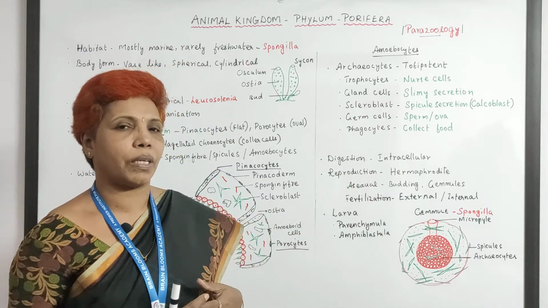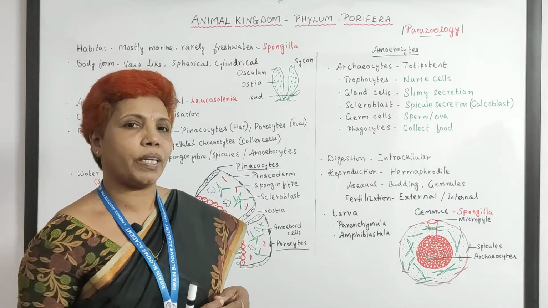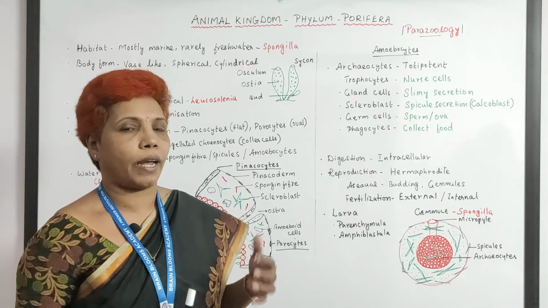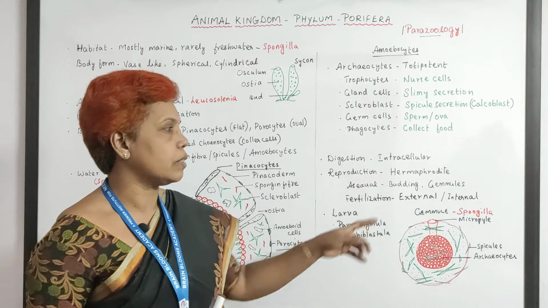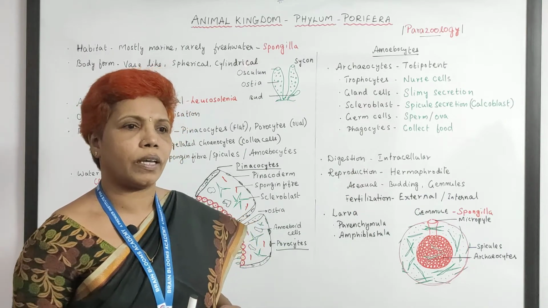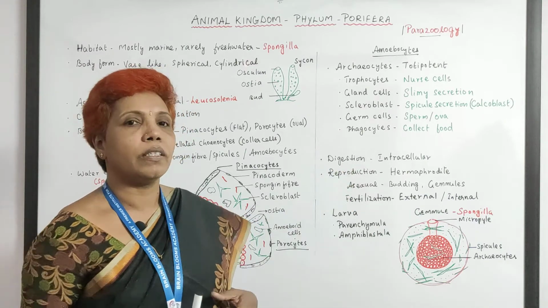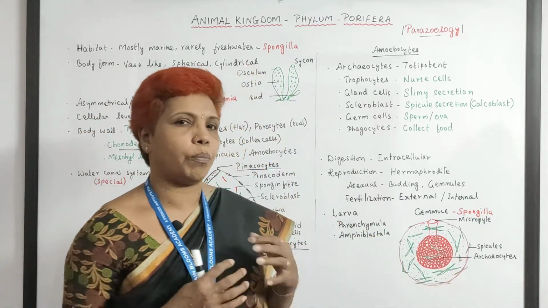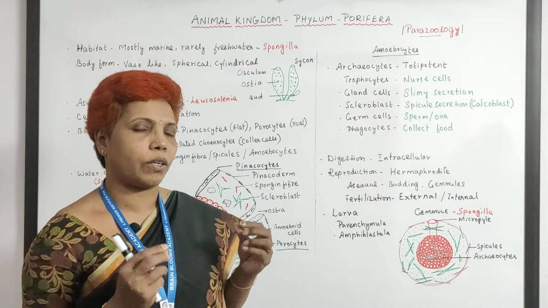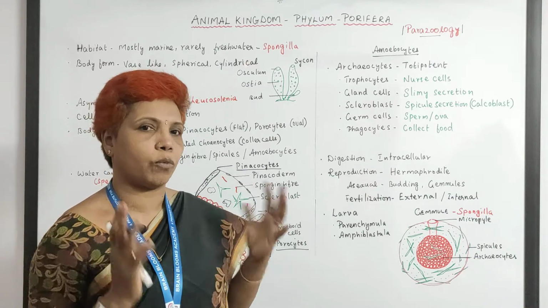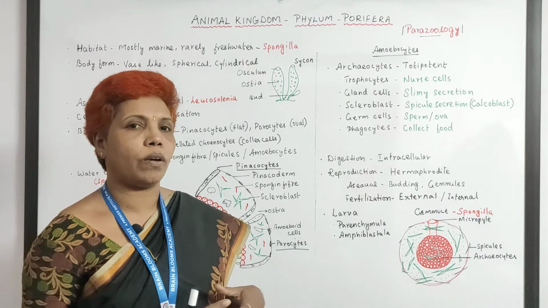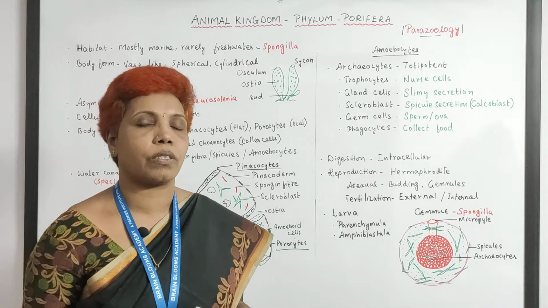Gemmules are very special, very common in freshwater sponges and sometimes very rare in marine forms. In the gemmules, the archaeocytes are collected and keep on dividing and producing young cells, and it will become dormant till favorable conditions return, because these are all formed during the unfavorable season.